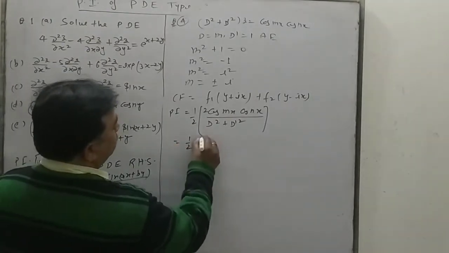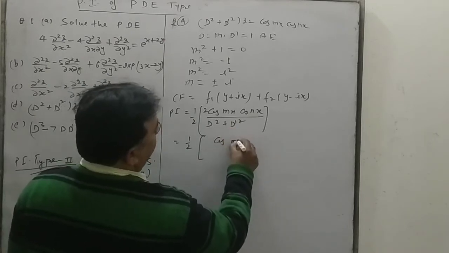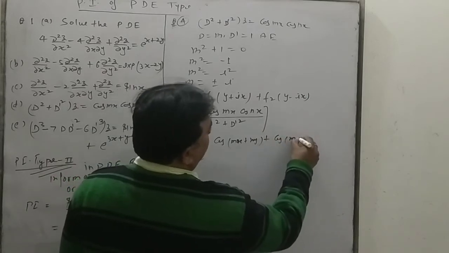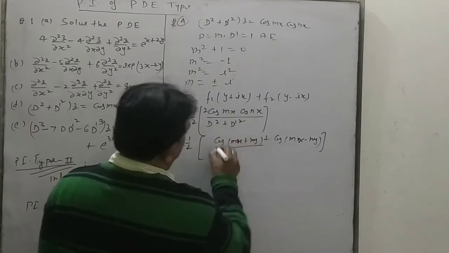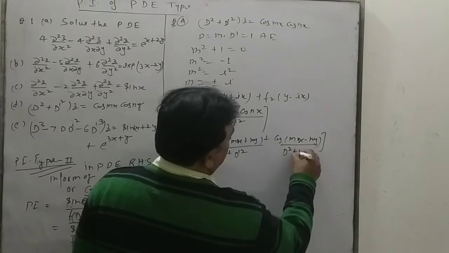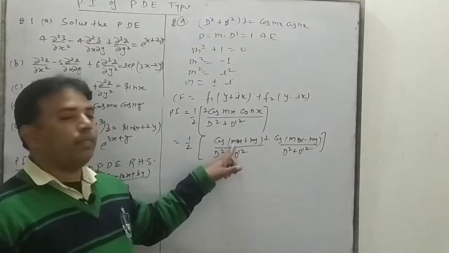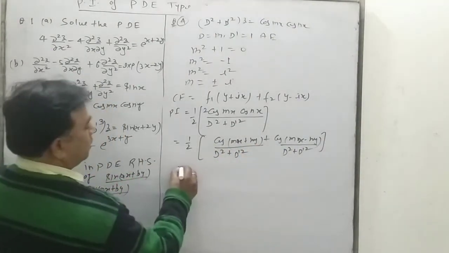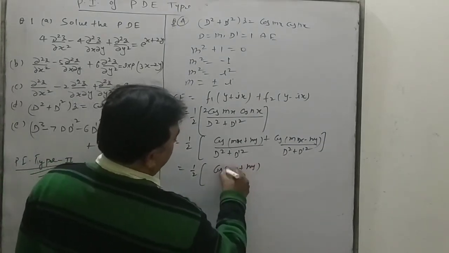Then 2 cos a cos b is cos(a + b) plus cos(a − b), that is cos(mx + ny) plus cos(mx − ny). For D² and D'², we separate: the coefficient of m in place of D and the coefficient of n in place of D'.